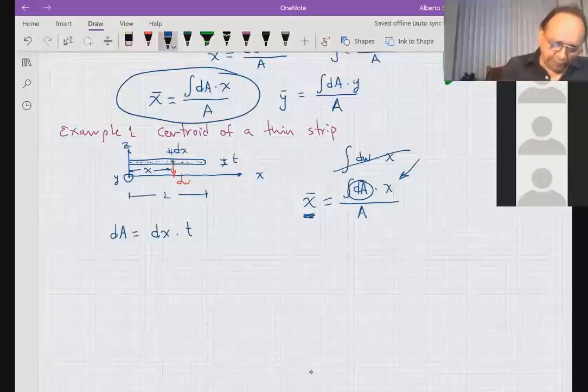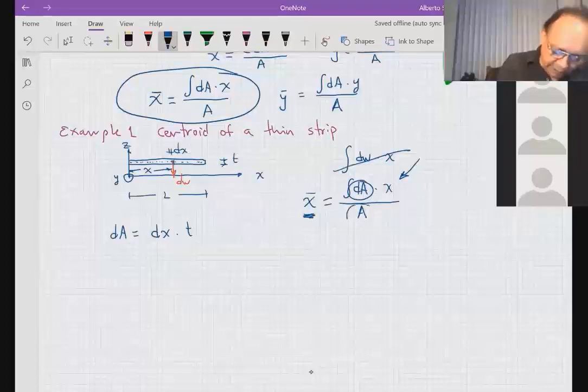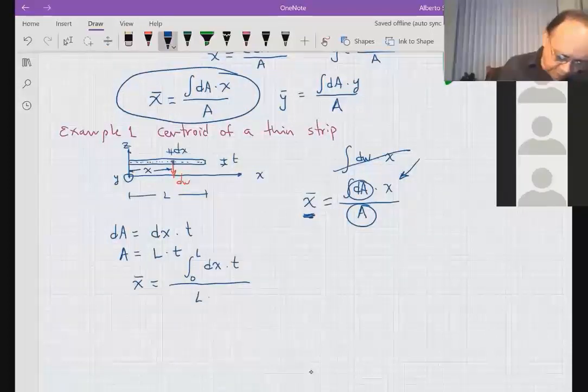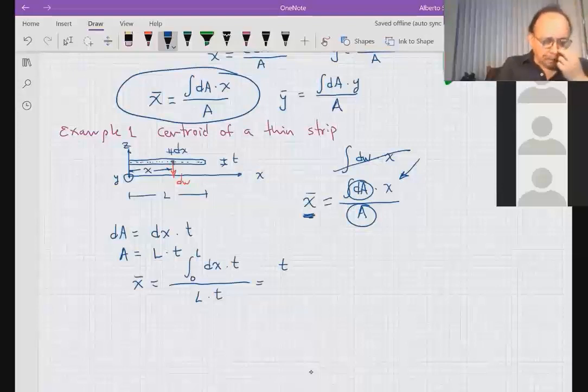And the total area is L times t. So our expression x bar will be equal to the integral from 0 to L of dx times t divided by L times t. t is constant, so it can go out.